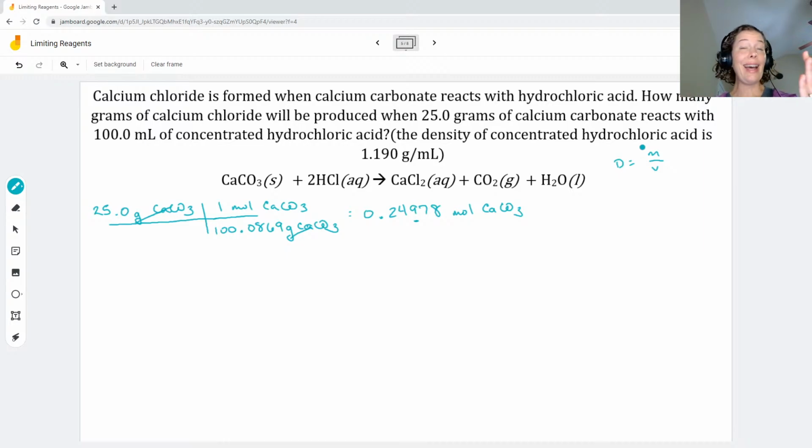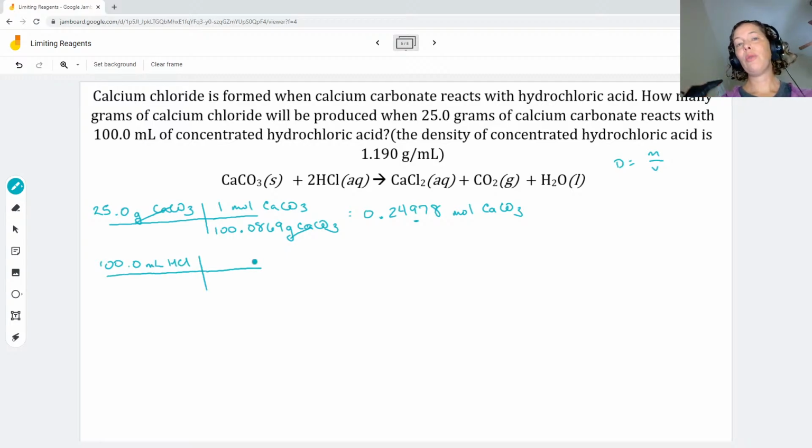But if I can, I like to string together all my calculations in one, so I'm not doing one step and then doing the calculation and then doing another step. I like to do it all at once. I call it smashing, if at all possible. So I'll show you how I'm going to smash this calculation. Starting with my 100 milliliters of hydrochloric acid.